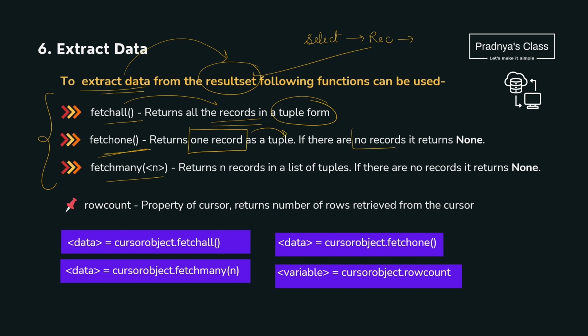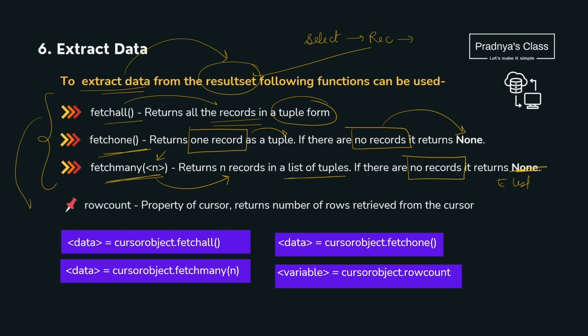If there are no records, it returns None. What about this third function, fetchmany? Look at the parameter. N is the number of records that we have to fetch from the result set. You will be getting it as a list of tuples. If there are no records, it will return an empty list.